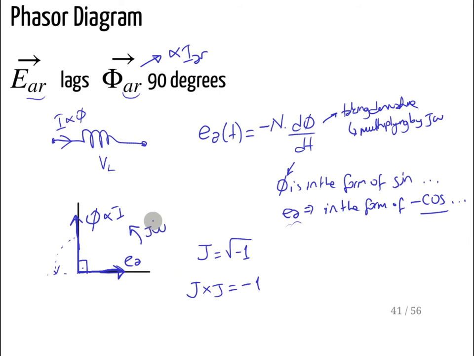That means if you apply j once, you get a 90 degree rotation, and apply it again and you get a 180 degree rotation, which is j squared, equal to -1.